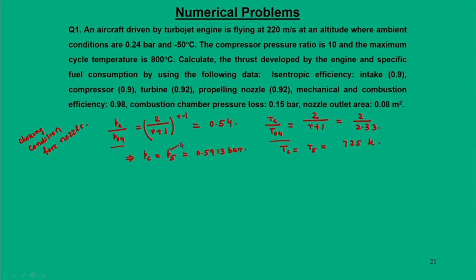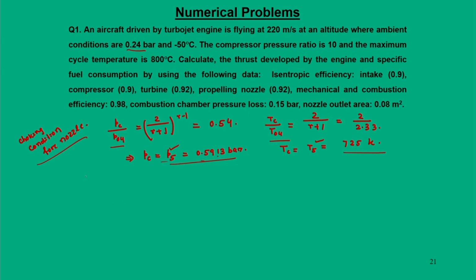So basically condition 5 is now known, and if you see, the ambient pressure and temperature are much lower than this, so the assumption that choking condition is in the nozzle is taken care of by looking at ambient pressure values and this critical pressure value from the nozzle.